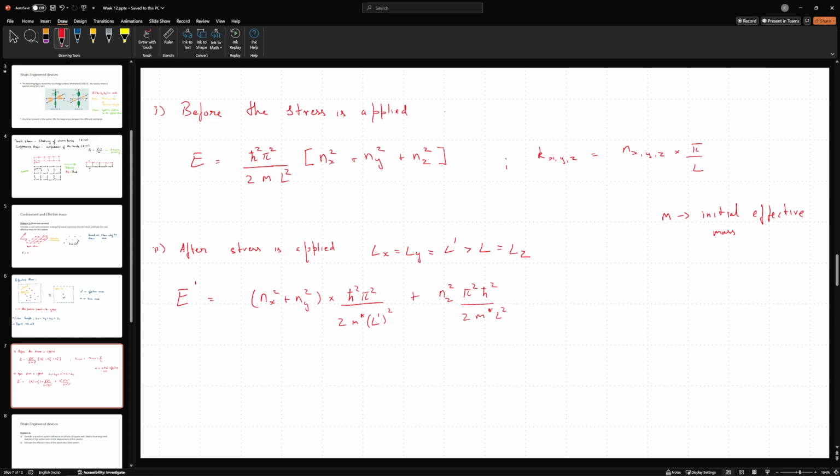Now, remember over here, I can treat this whole quantity as a new number capital N. And I can say the energy of the system is some n times E naught, where n takes particular values.